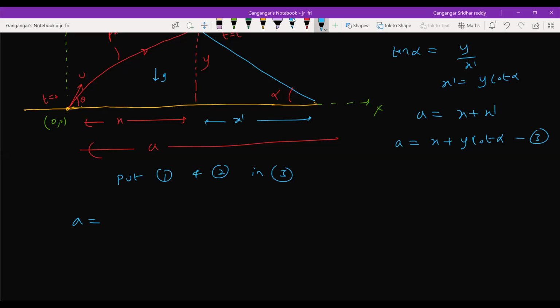X is equal to u cos theta t. Y is u sine theta t minus g t square by 2, into cot alpha.